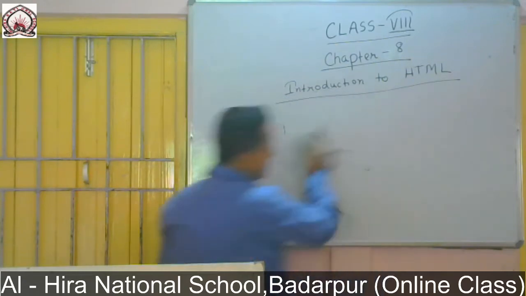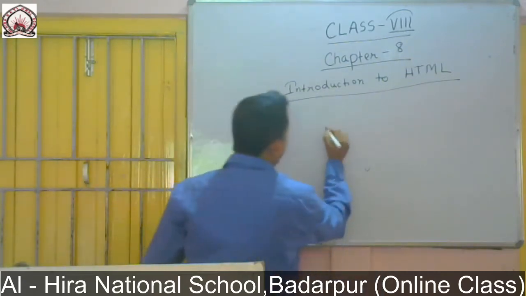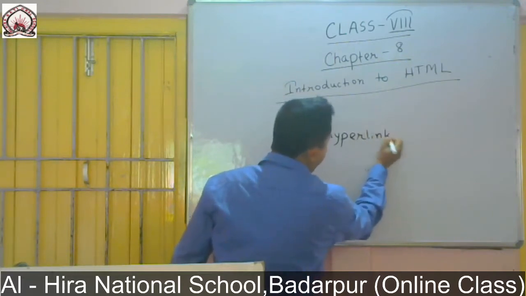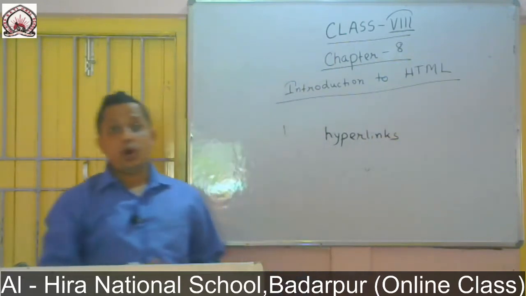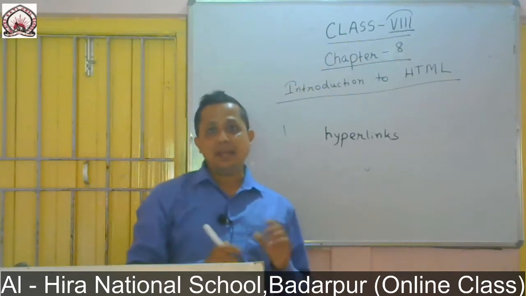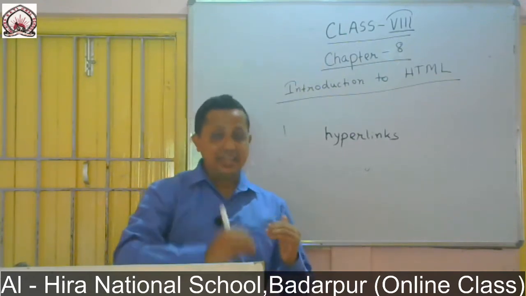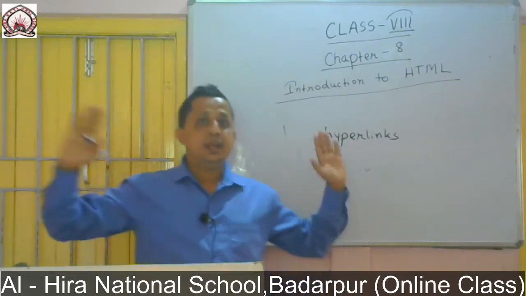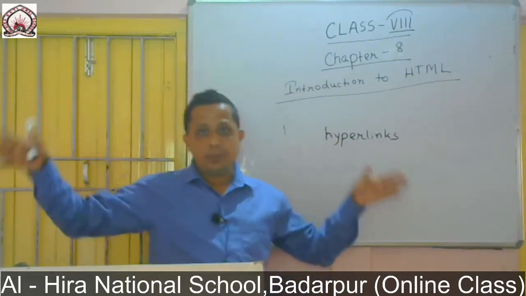Hyperlink. There are some phrases or words which form hyperlinks. Now, what is a hyperlink? A hyperlink is basically a link from one web page to another web page. Say a website consists of many web pages.